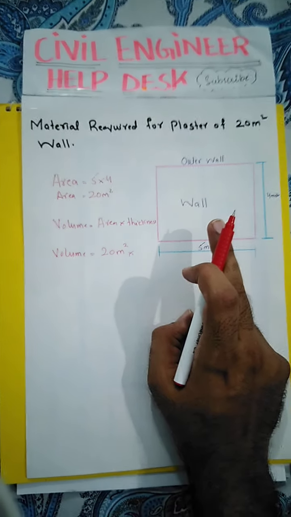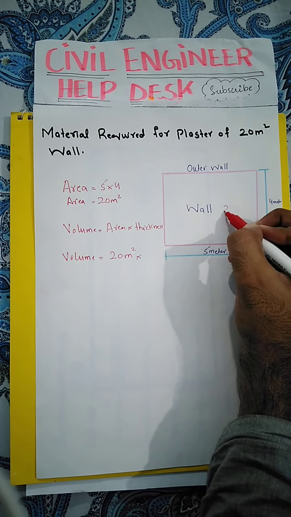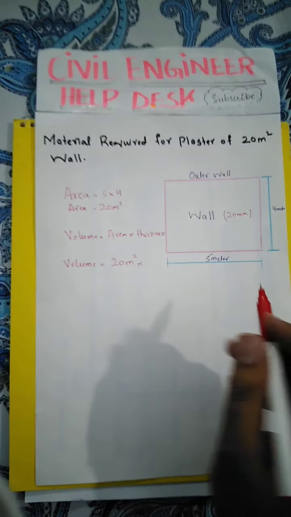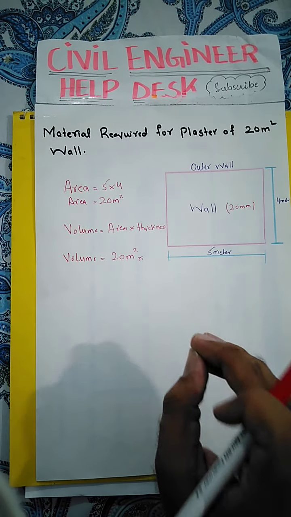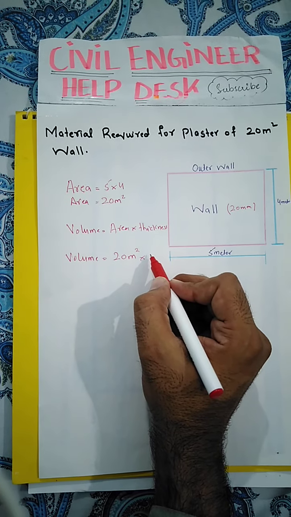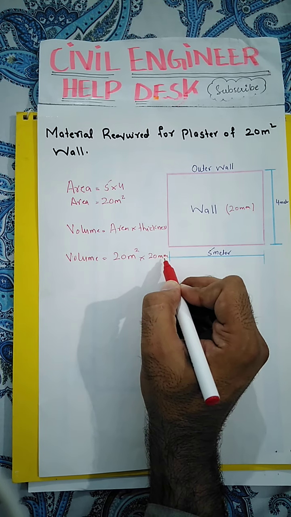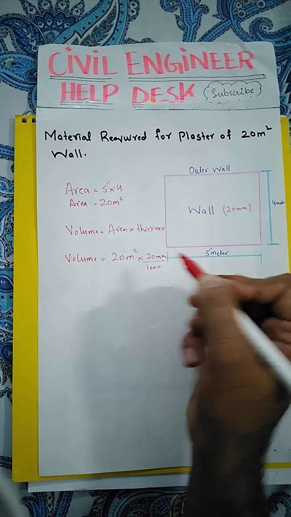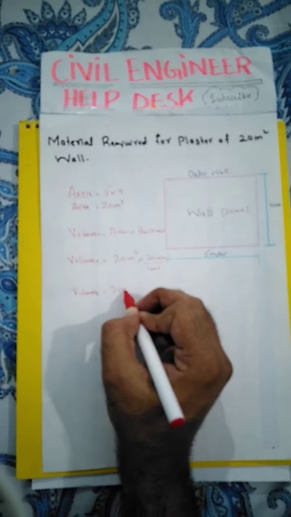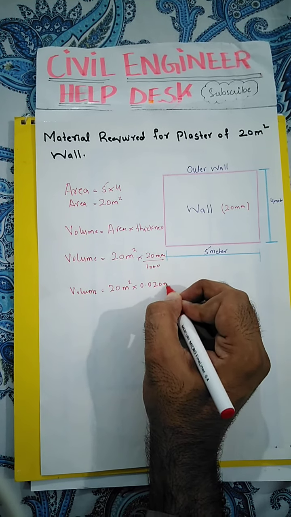Viewers, remember, for a wall which is outer wall, the thickness of plaster is 20 mm. It is a standard. So multiplying by 20 mm, it is meter square and it is mm, so dividing by 1000, we convert mm into meter, 0.020 meter.